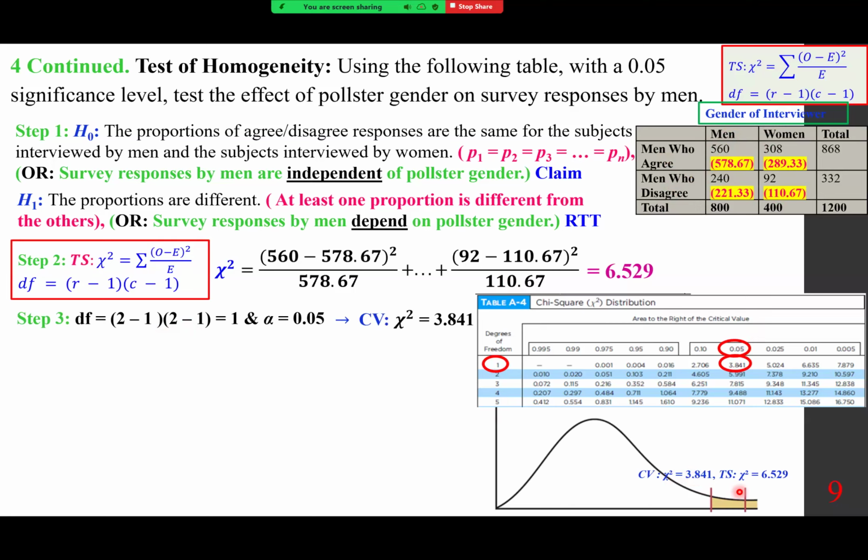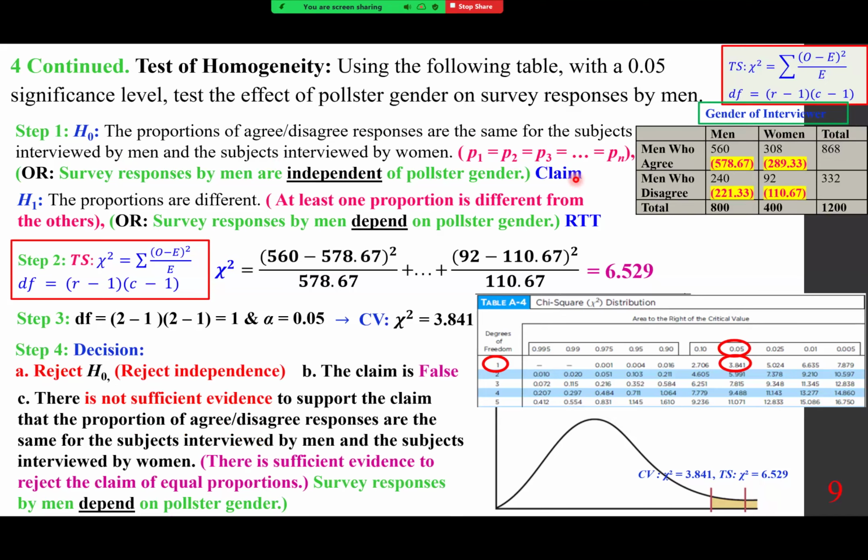However, the test statistic is way larger than that. It puts us way into the rejection region. So we reject H0, which means you reject independence, which makes the claim false.